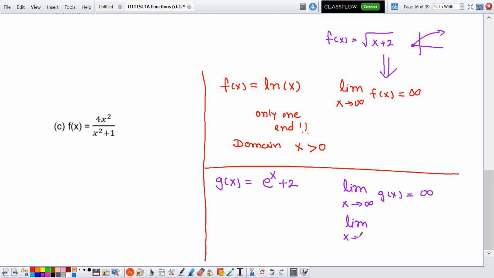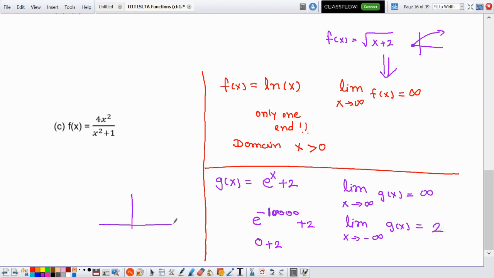Limit as x goes to negative infinity. Well, think of e to the negative of a very, very large number, and you are adding 2. So this is basically 0, because raising to a negative power makes it 1 over that number, which is very small, and you are adding 2, so that will be 2.